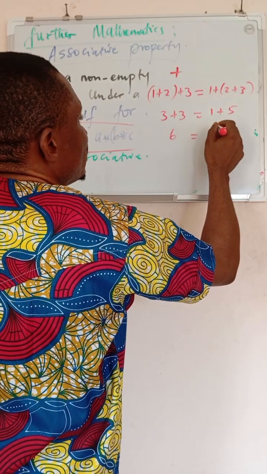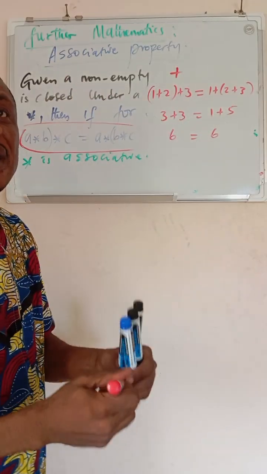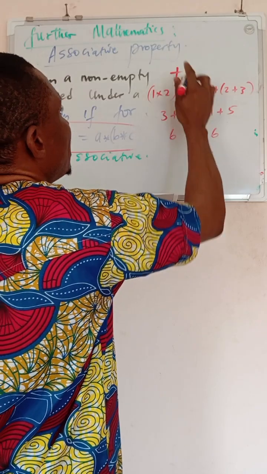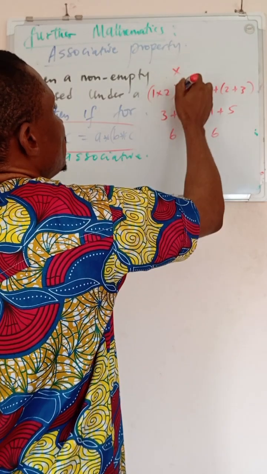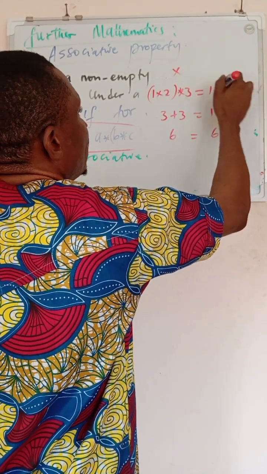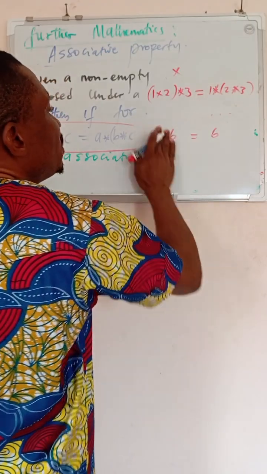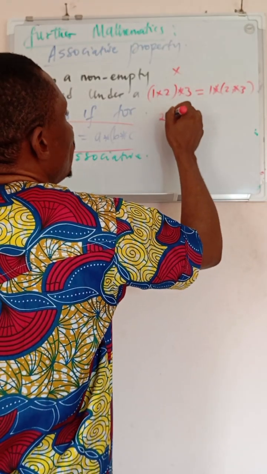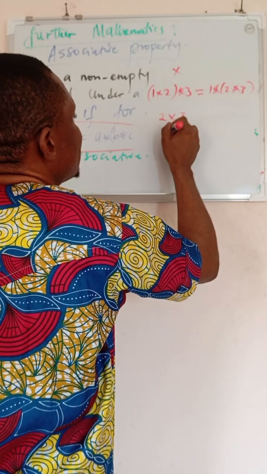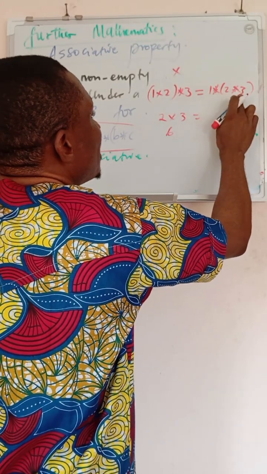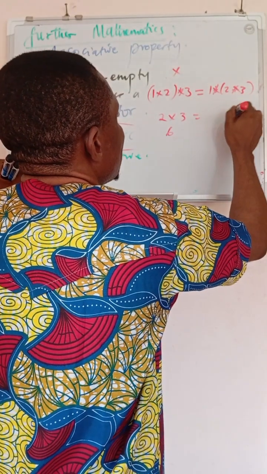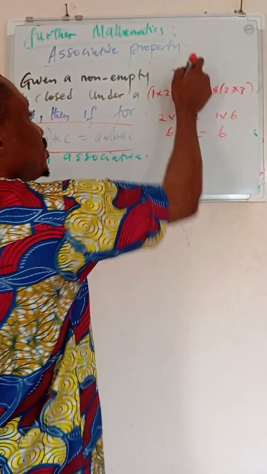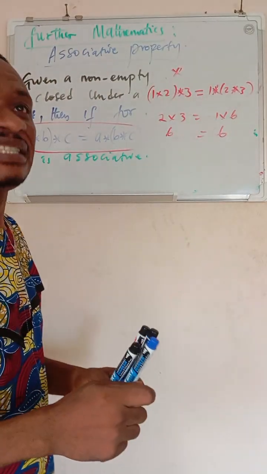And 2 plus 3 is 5, 1 plus 5 is 6. So addition is associative. Let's check multiplication. Whether multiplication is associative: 1 times 2 is 2, times 3 is 6. Then 2 times 3 is 6, times 1 is 6. So multiplication is associative.